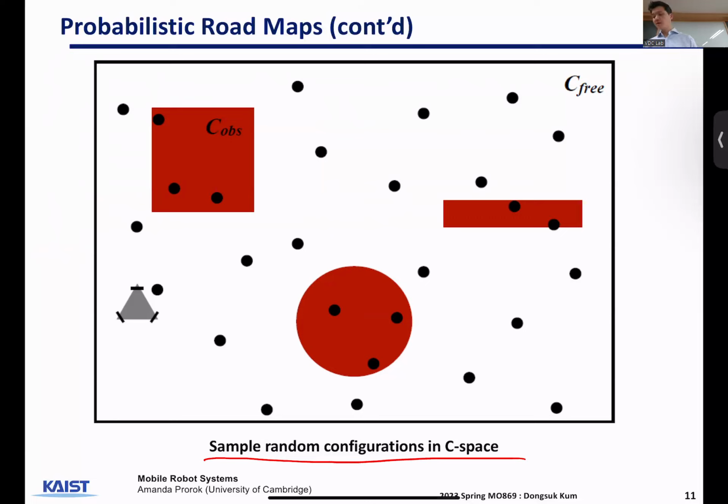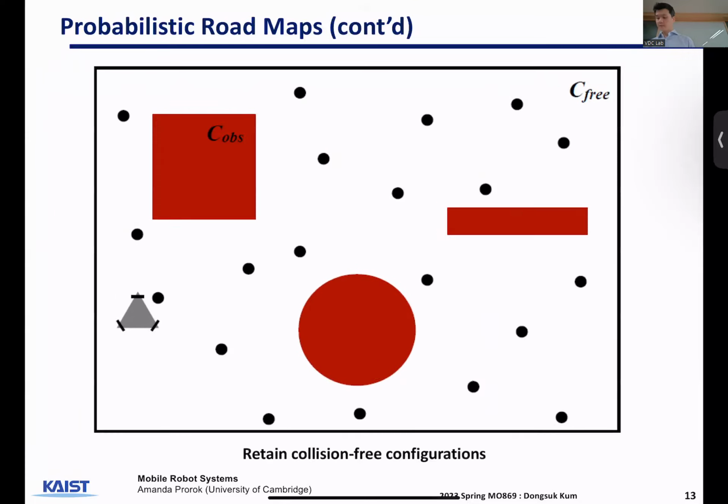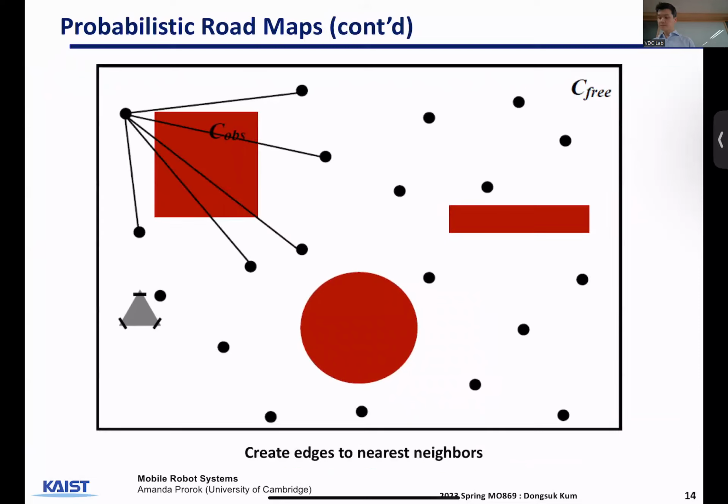Some will be in the free space, some will be in the obstacle space. Then you remove the nodes that are in the obstacle space, because obviously they would lead to collisions. So we have collision-free configuration samples, and then we create edges to the nearest neighbors.